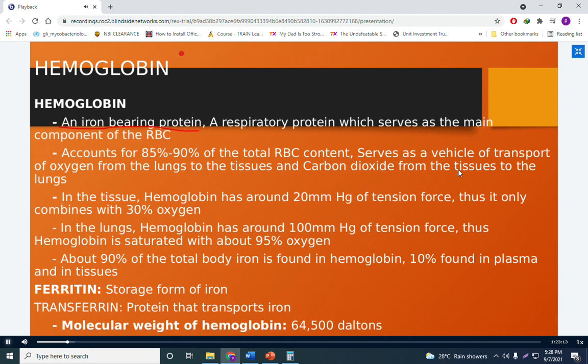Now, if you recall, di ba, in our lesson 1, it transports mainly your iron. Now, it is also a respiratory protein class. Why do you think it's called a respiratory protein? Bakit siya tinatawag na respiratory protein class?